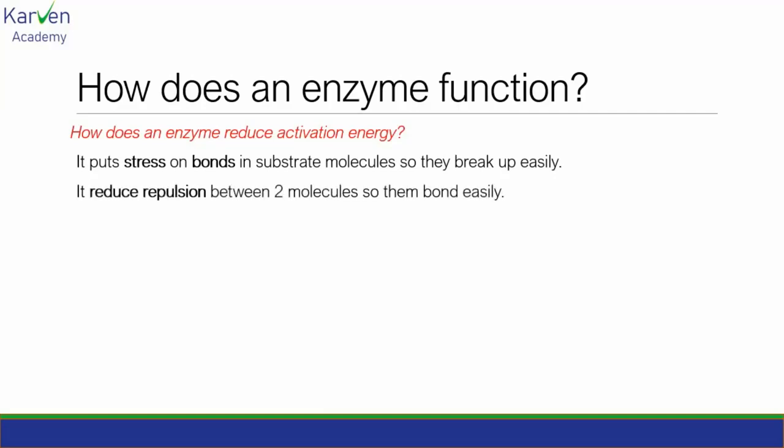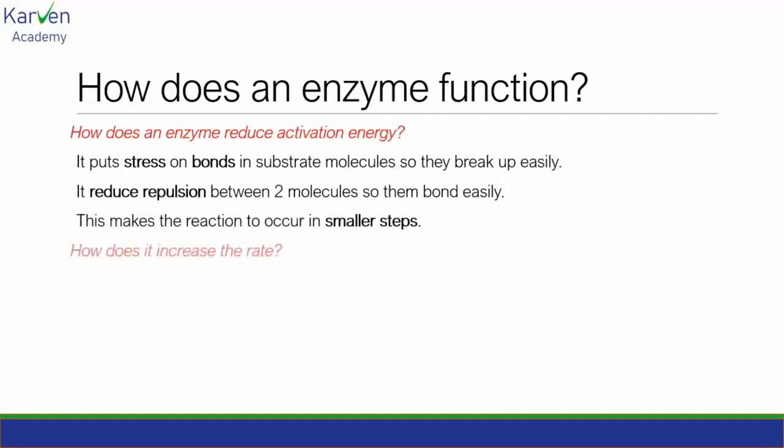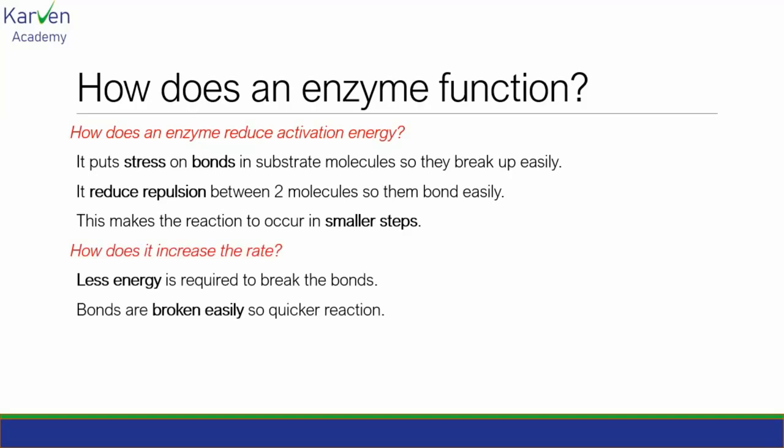It can also reduce repulsion between two molecules, so they bond easily, and this allows the reaction to occur in smaller steps. So how does this increase the rate? Well, if you have reduced repulsion and put stress on the bonds, you need less energy to break the bonds, which means that for the same energy you can break the bonds more easily, and therefore the reaction will be quicker.